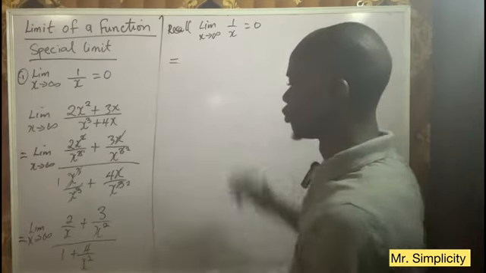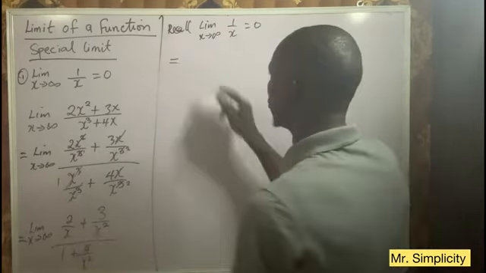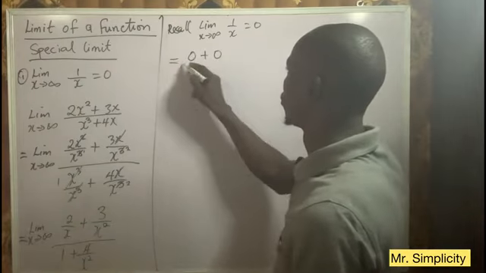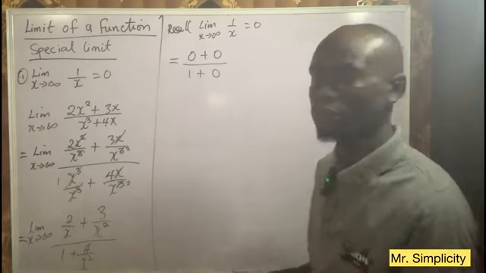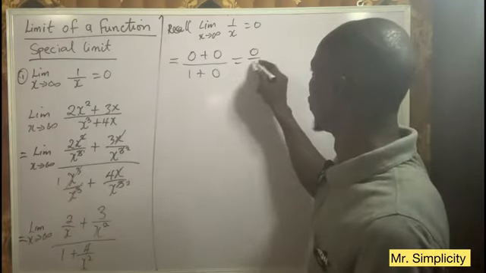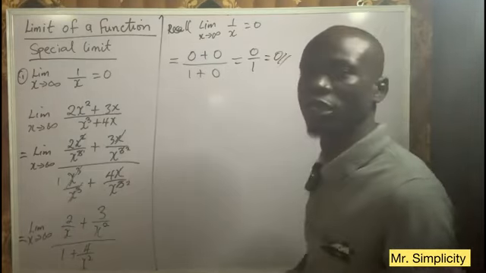Now if I substitute, this will be 0 plus 0 over 1 plus 0. In this case, I have 0 over 1, which is 0 as my answer.